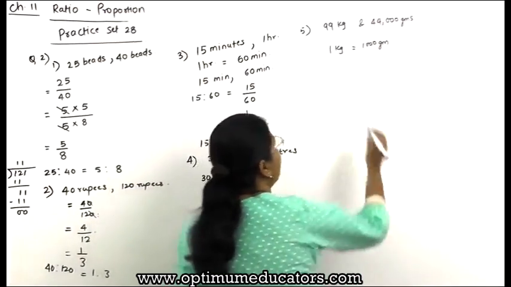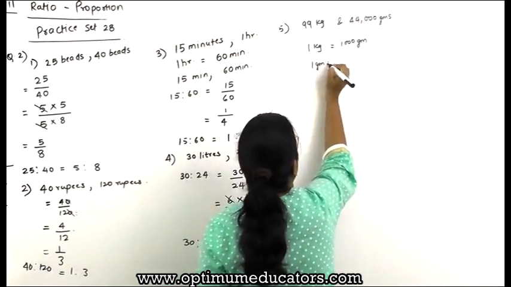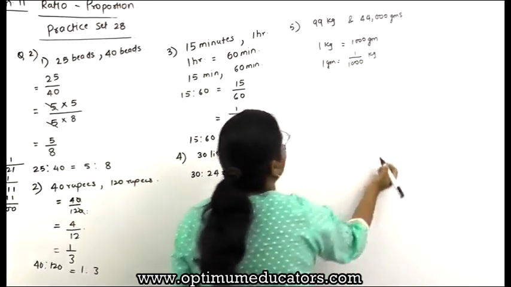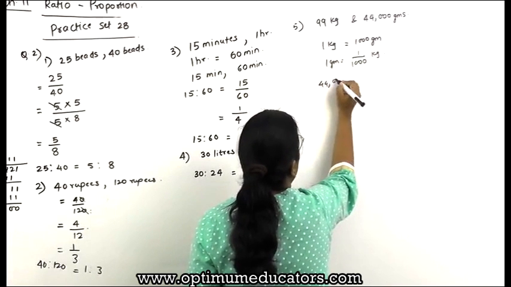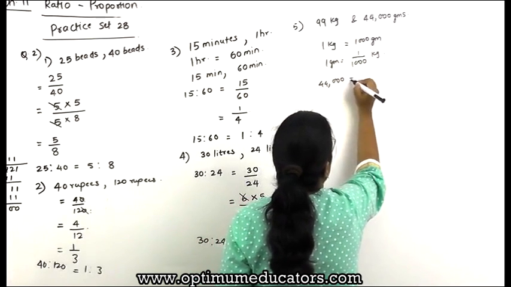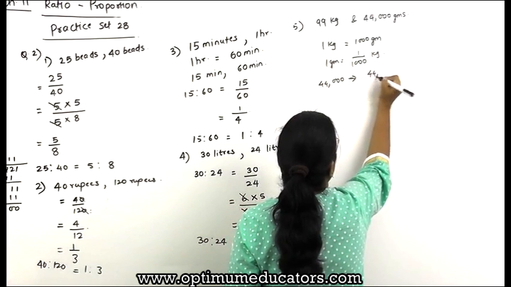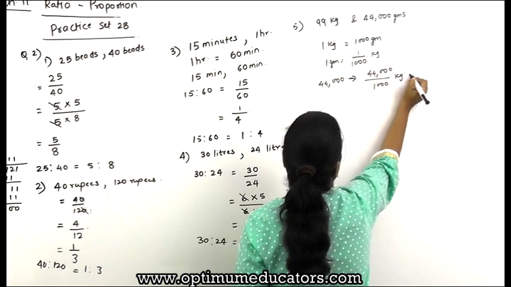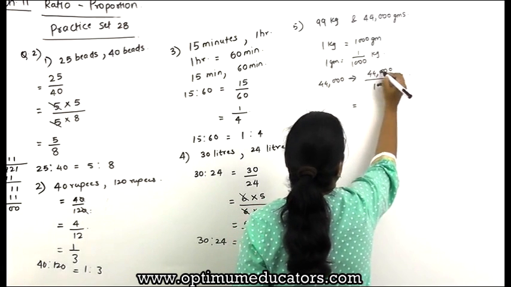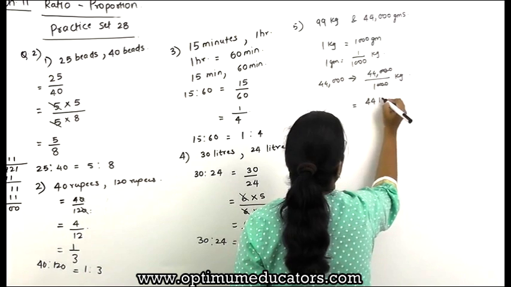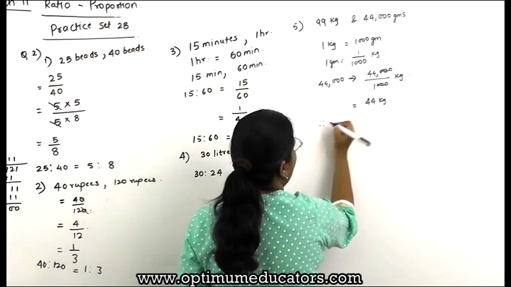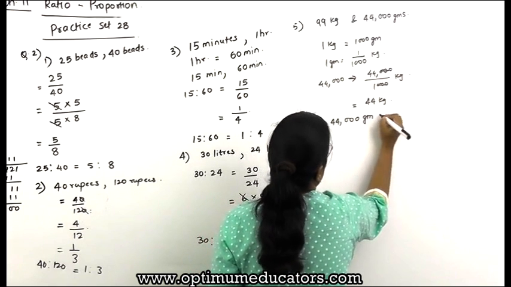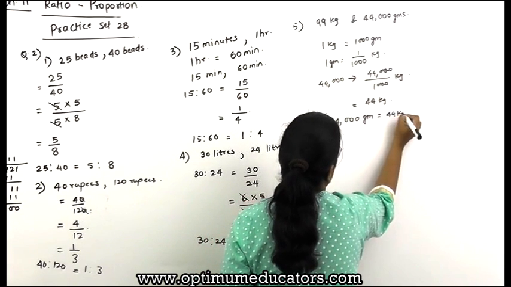In other words, 1 gram is equal to 1 upon 1000 kilogram. So 44,000 grams will be 44,000 divided by 1000 kilograms, which is nothing but 44 kilograms. Therefore 44,000 grams will be equal to 44 kgs.